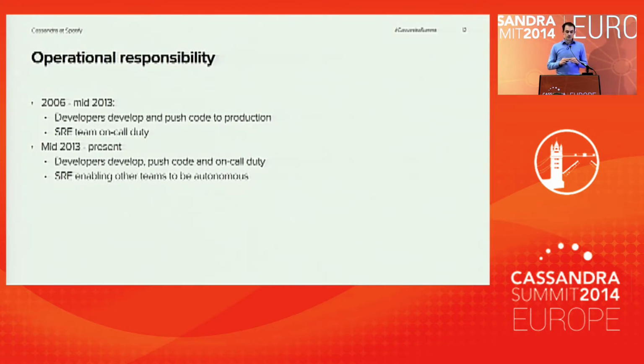And the new mission for the SRE team was to simply enable all the other teams at Spotify to be able to do this, to make them autonomous, to make them be able to deploy code fast and also learn how to handle on-call and all that kind of things. We still want to iterate very fast. And if you are a developer and deploy code and know that if you break something, you have to wake up in the middle of the night to fix it, you're very careful with what you're deploying in production.